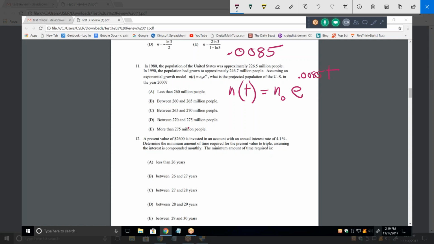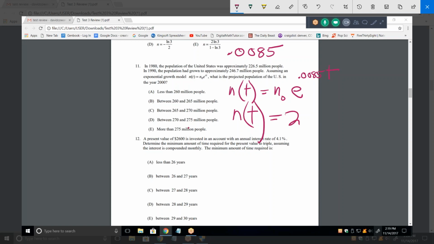Okay. And what do they ask? Assuming, what is the projected population of the U.S. in the year 2000? So fill in everything we know. So the t is another 10, right? Well, let's start off by that. That's what we're trying to solve for. What's the initial population? 246.7.